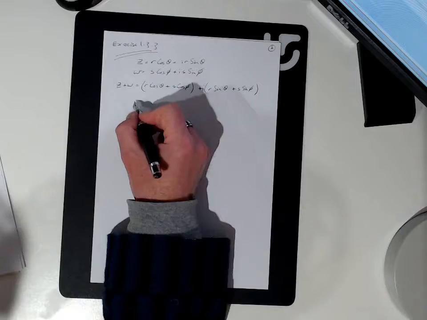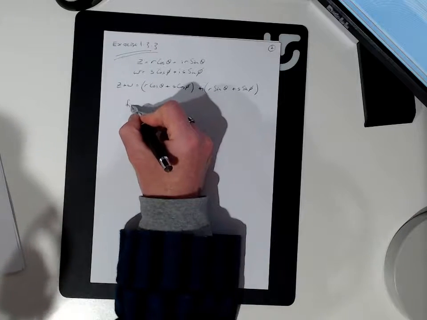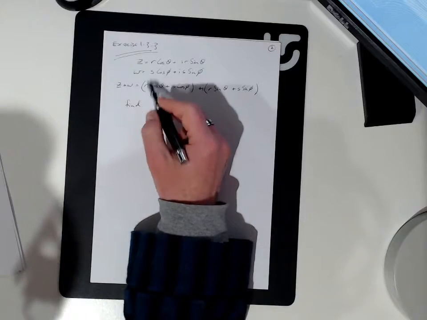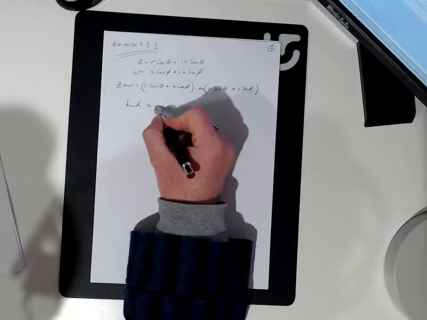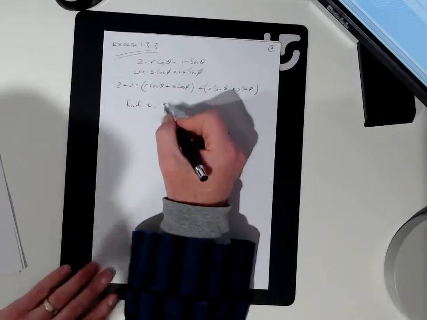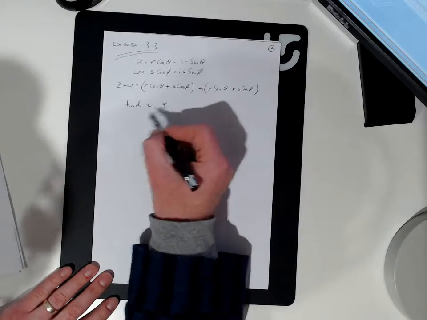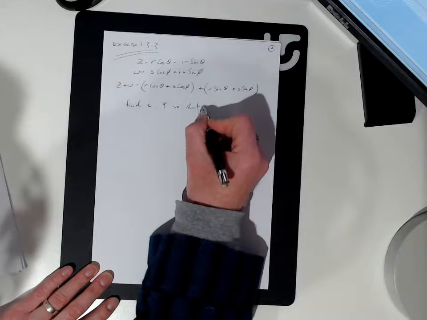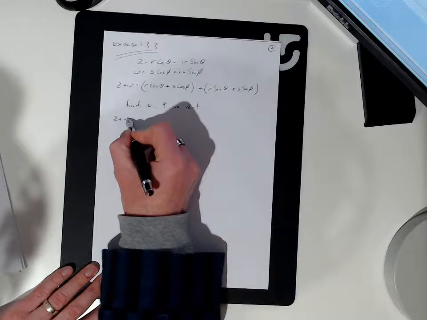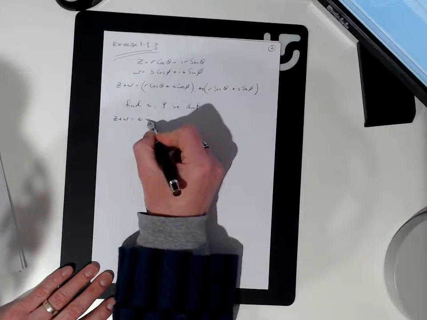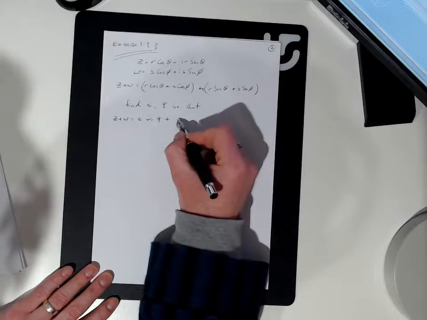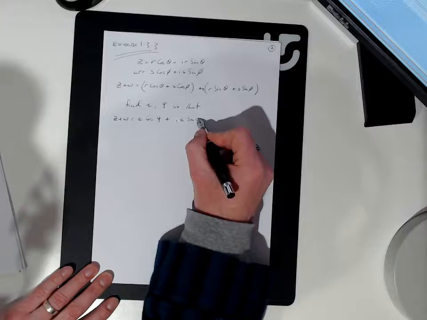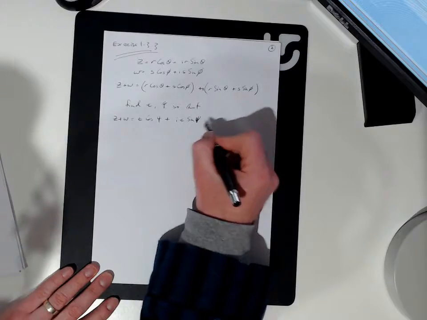Okay, now the real question is find r, s, t, and this is a variation on phi, so find these two things, so that this is equal to t cos phi plus i t sine phi.